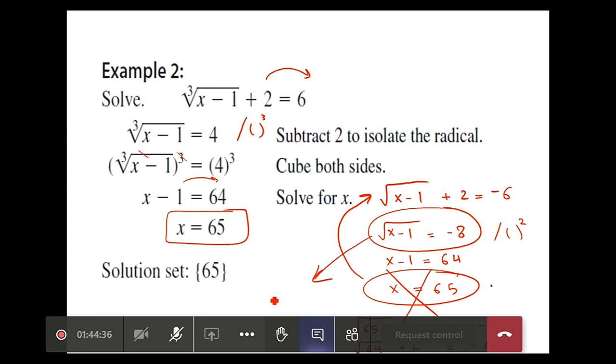This is no solution. Why? Because the radical equals negative. The radical can never be negative. Okay? The radical can never equal a negative. Got it? Is that clear?